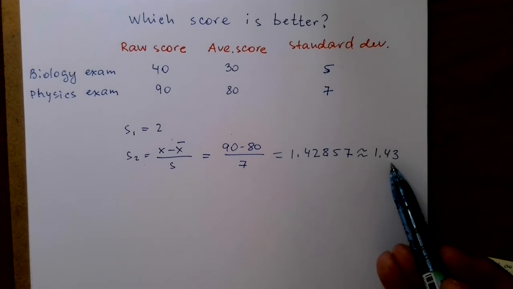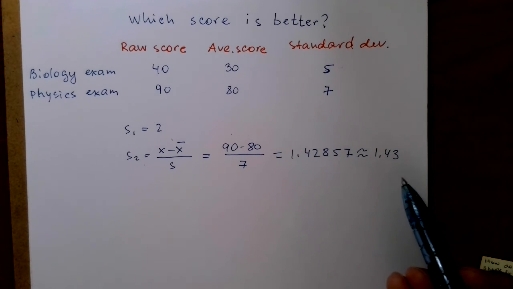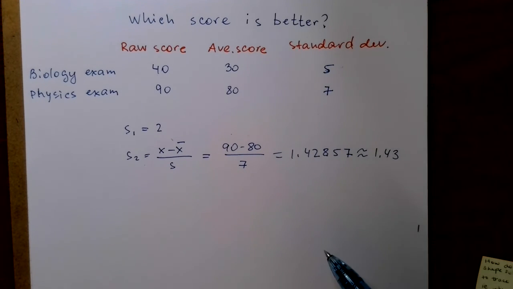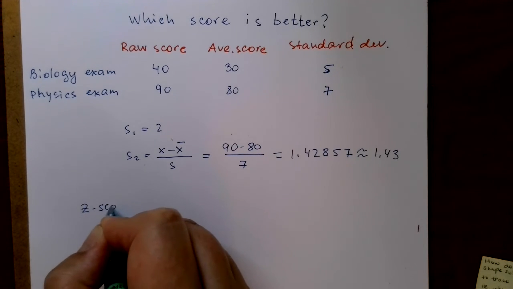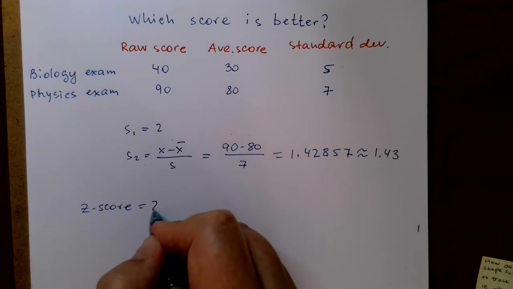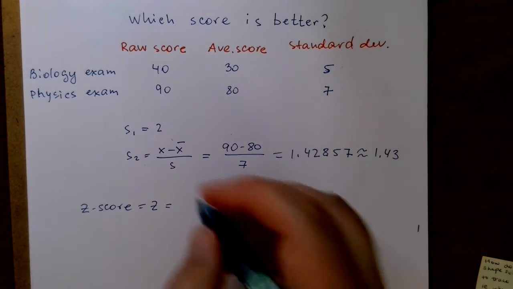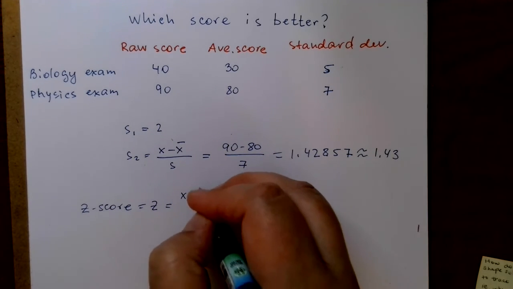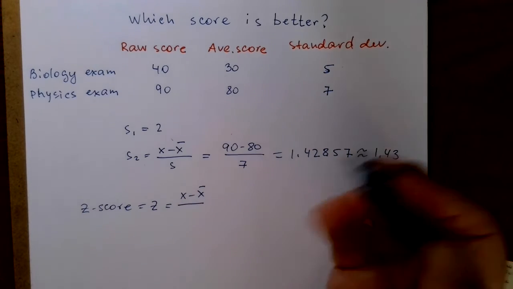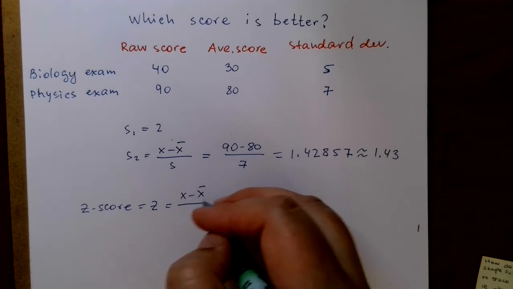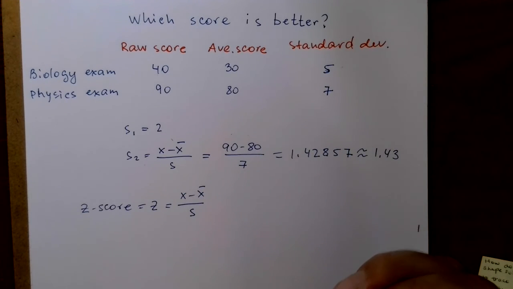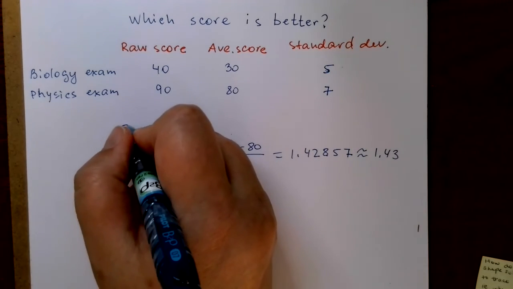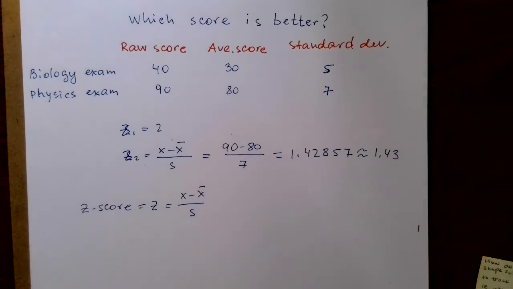The number of standard deviations above or below the average is called a z-score. Okay, it's a z-score. For short, we're just going to call it z. And the formula is x minus the mean, our raw score minus the average score, divided by the standard deviation. Okay, so these are z1 and z2.